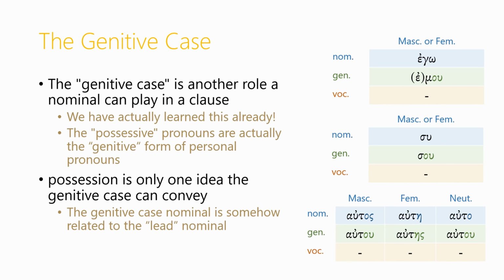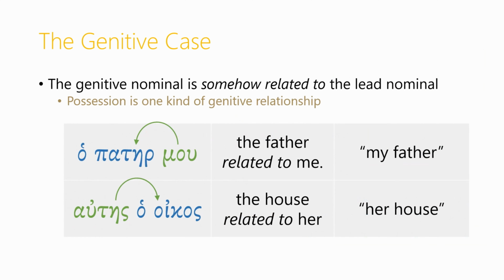What the genitive case tells us is that the nominal in the genitive case is somehow related to what we call the lead nominal. Let's look at this a little bit closer. The genitive nominal is somehow related to the lead nominal, and possession is just one kind of genitive relationship.